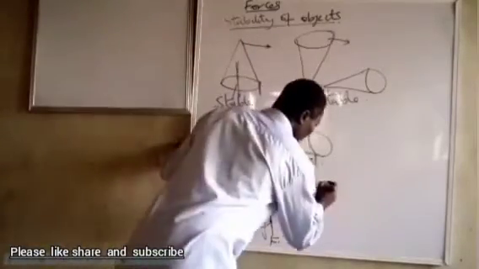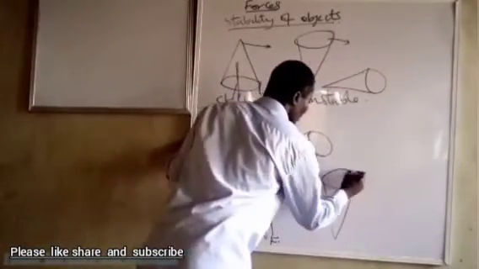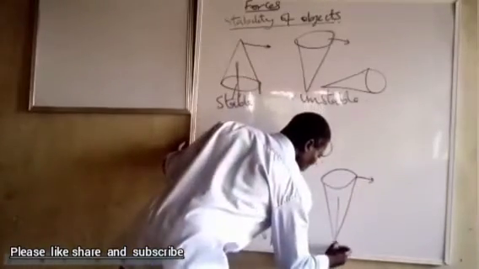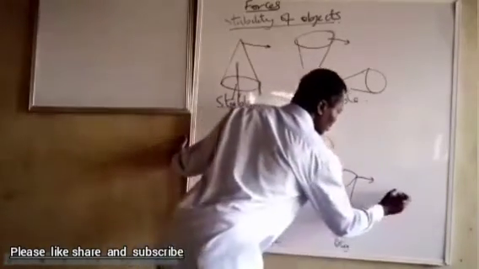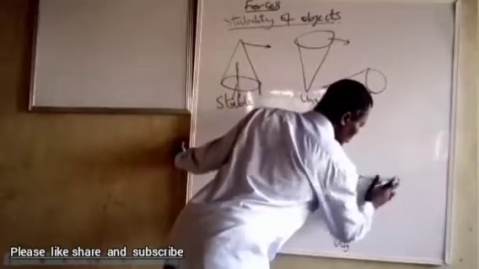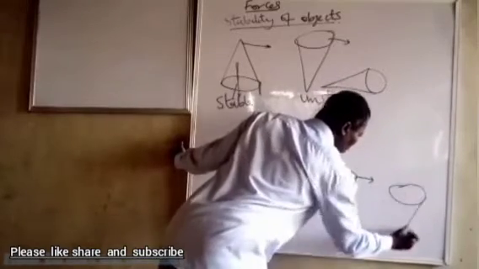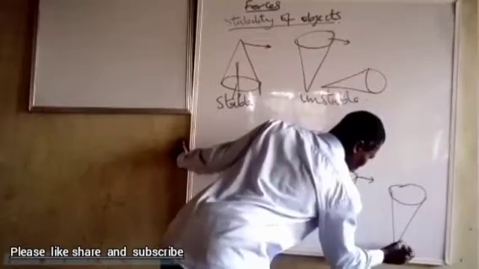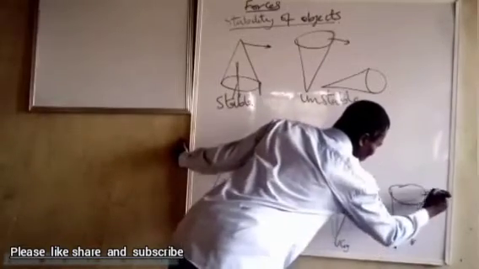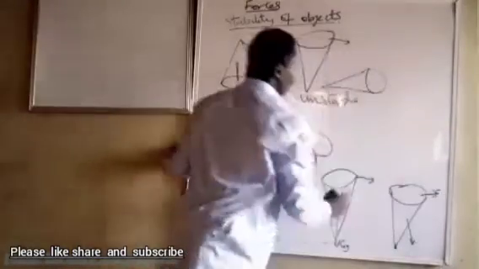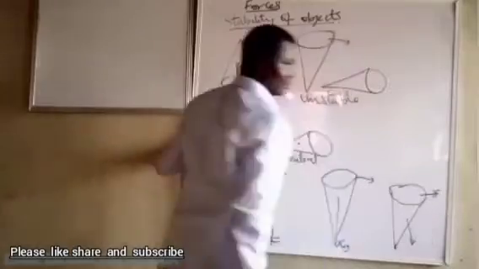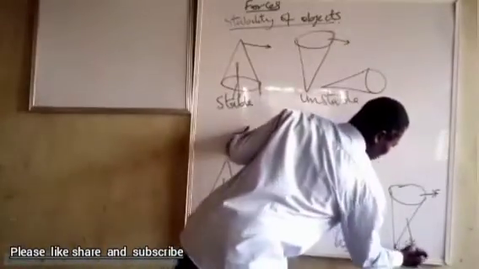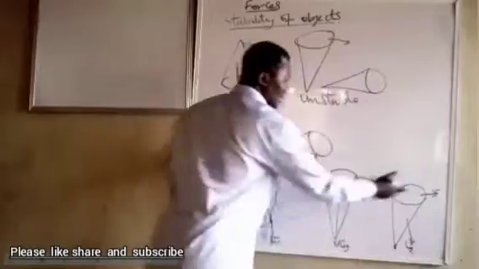But for this one, any slight push to this side, you see that the center of gravity will be on the same side as the force. So automatically it will just fall down because of the push or pull. There is no moment that balances this force.